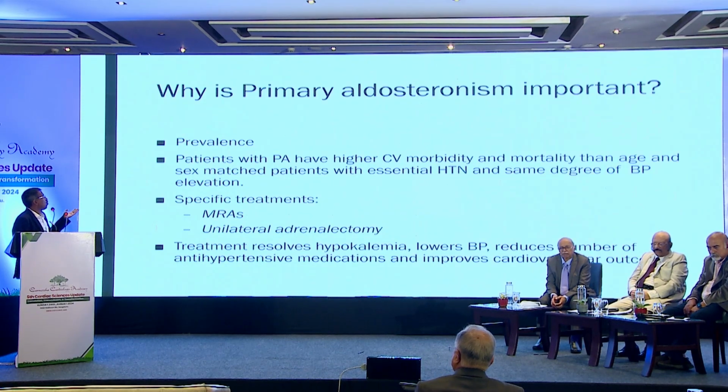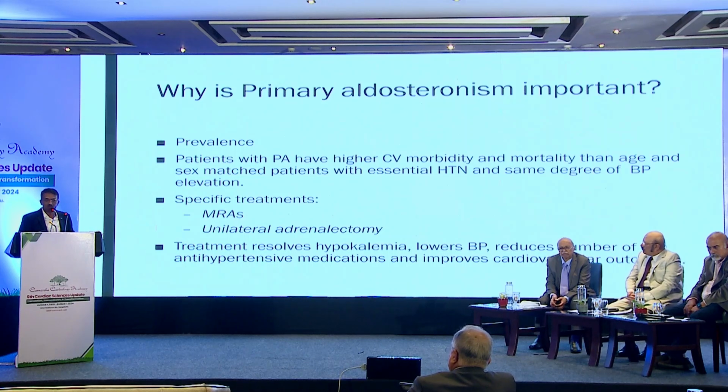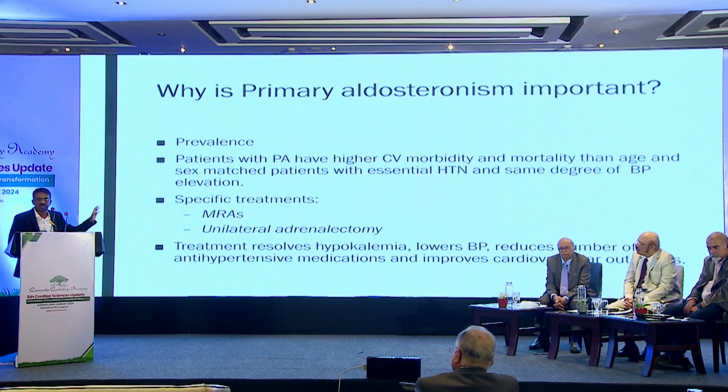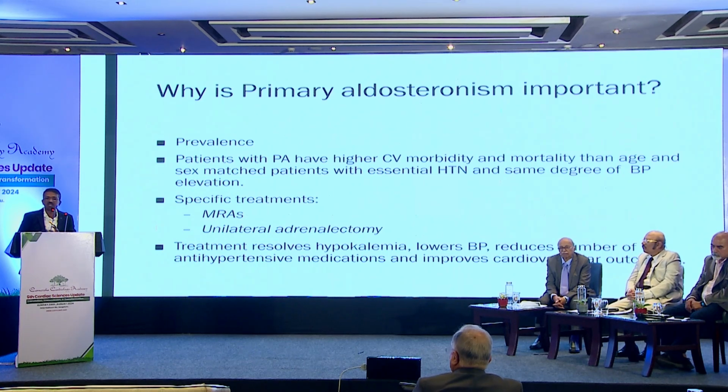So now, why is primary aldosteronism important? The reason being prevalence, it is quite prevalent. Patients with primary aldosteronism have very high cardiovascular morbidity and mortality. Why? Because when you take age and sex matched controls who have hypertension due to a non-PA etiology versus a PA etiology, they have worse outcomes. That talks about the bad effects of aldosteronism on cardiovascular health.